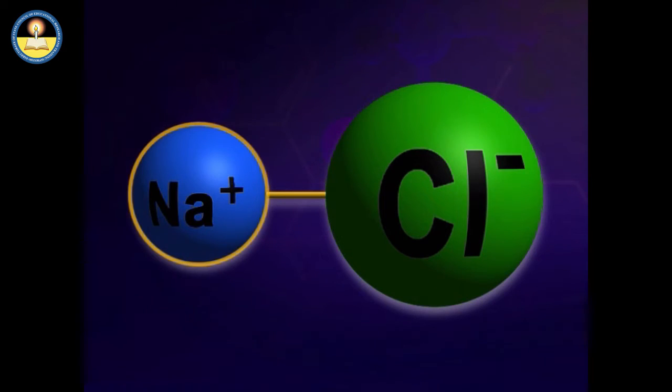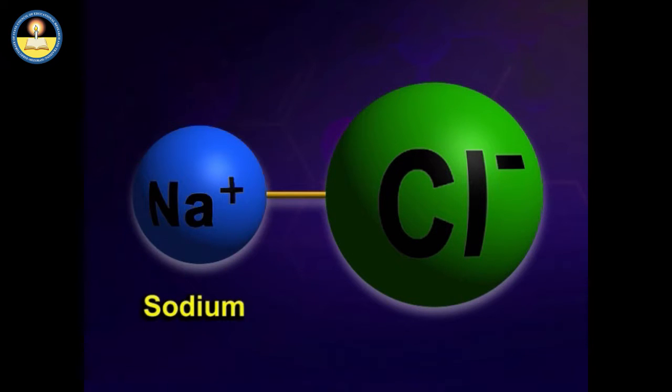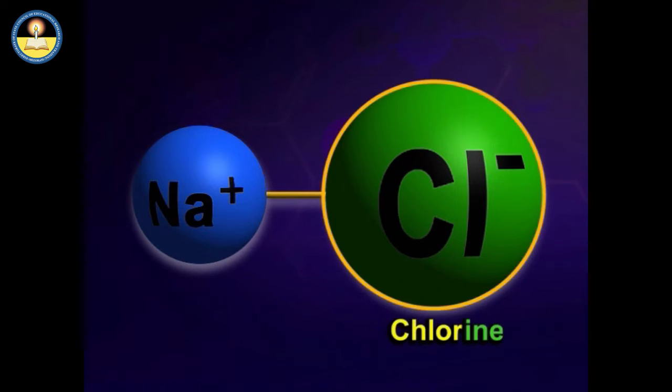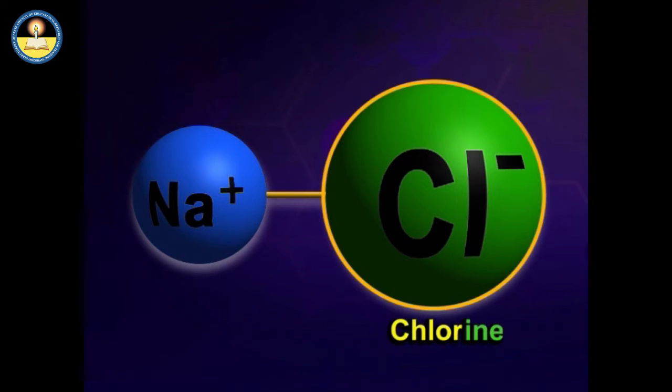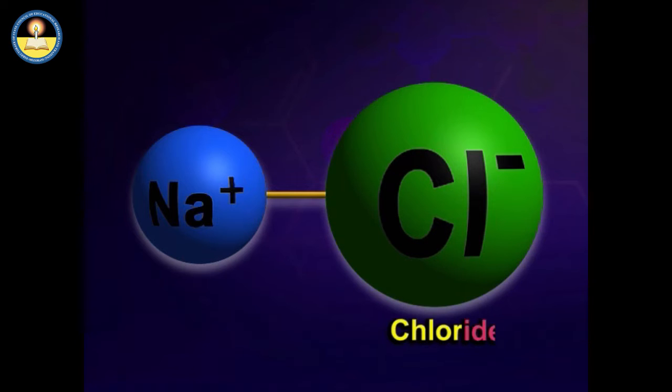While naming the compound, the first element, that is less electronegative, is named as such, but the name of the second element, that is more electronegative, is usually changed to end up with "ide", that is IDE.